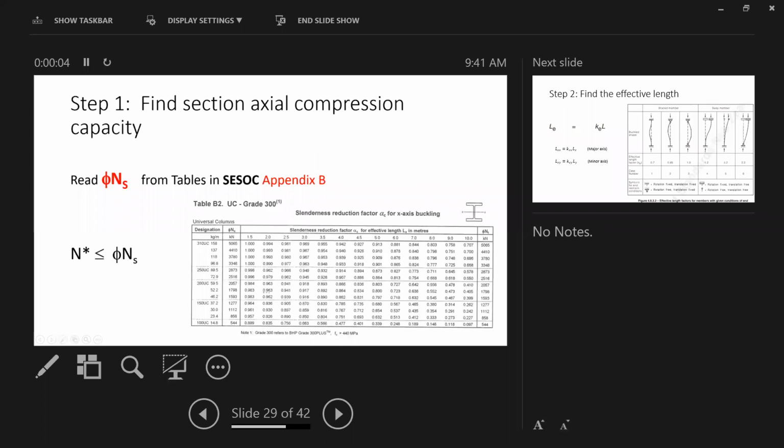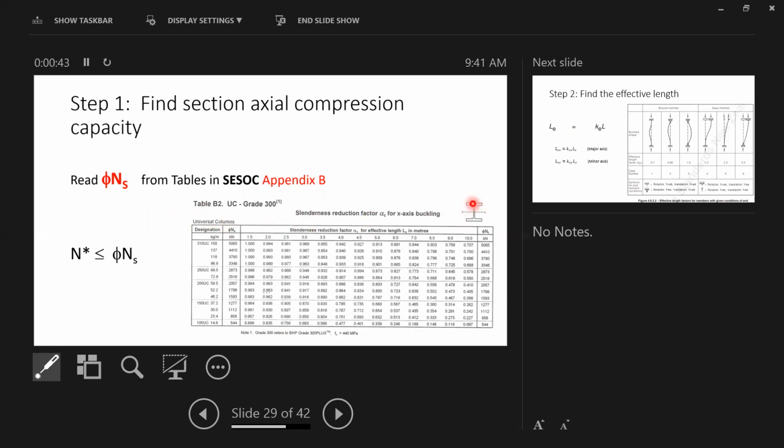Okay, so now you can see that we have step one, which is finding section axial compression capacity. So again, as I said, we have section capacity and member capacity. So it's the same thing that you find it from the table from CSOC Appendix B. So here is the table for I section, which is universal column.